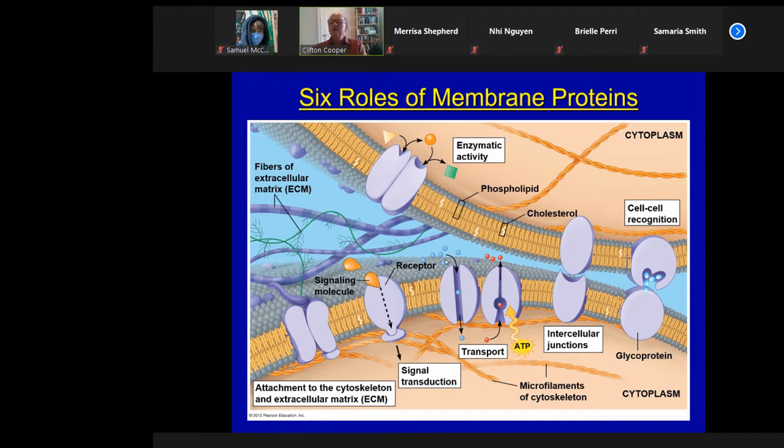And so cells that are tightly junctioned together will have proteins from one cell that join right with a protein from another one. And we have these things called glycoproteins, and they present an ID for the cell, an identification, saying this cell belongs here, this cell should be in this body.